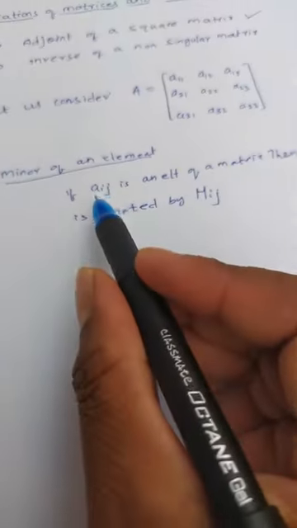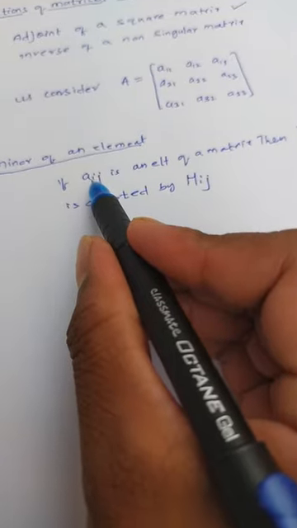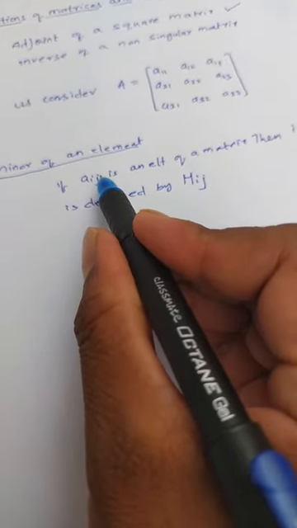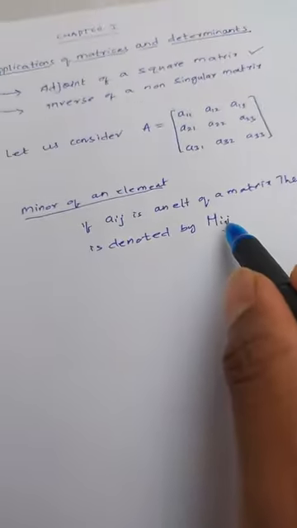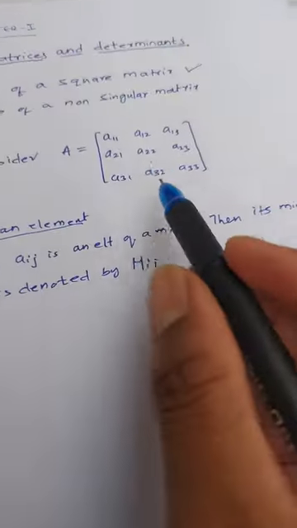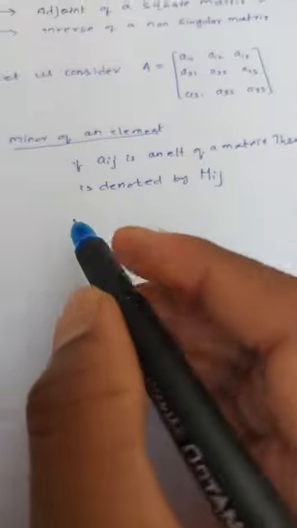So the minor of an element which lies in the ith row and jth column is denoted by capital Mij. First of all I am going to find the minor of the first element, a11.